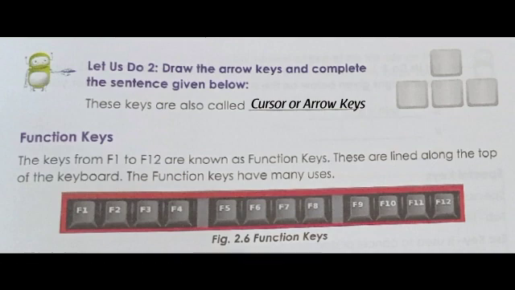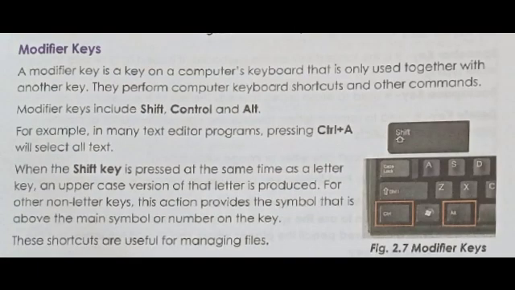Function keys. The keys from F1 to F12 are known as the function keys. These are lined along the top of the keyboard. The function keys have many uses. Modifier keys. A modifier key is a key on a computer's keyboard that is only used together with another key.